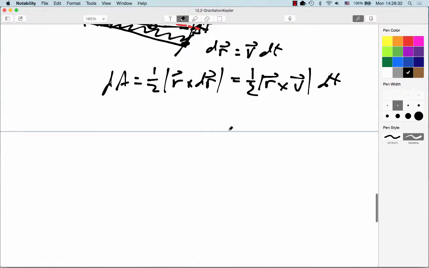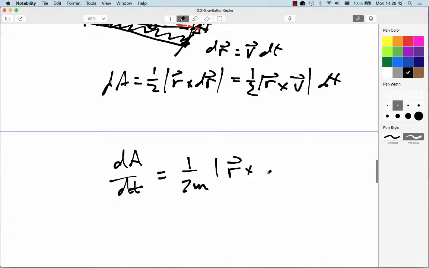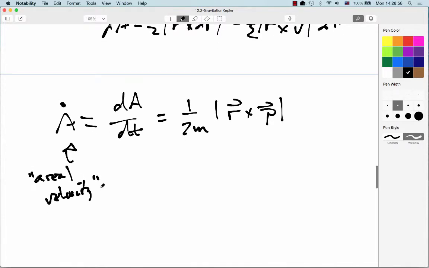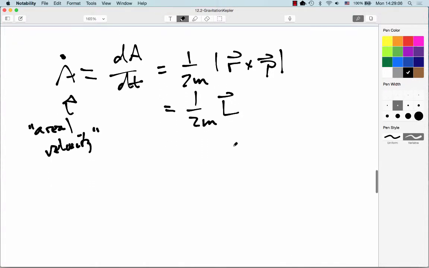There. So I can divide through by dt. I know I'm not really dividing. So the magnitude of dA/dt will be equal to 1/2m times r cross p. We can call that A dot, and we usually call that the areal velocity. And I look at this and go, hey, this is 1/2m times the angular momentum.